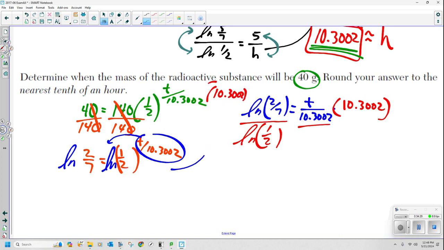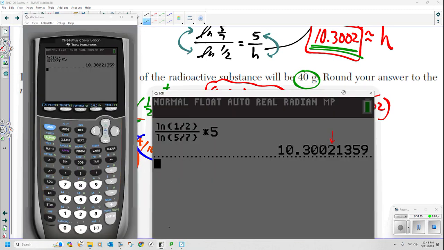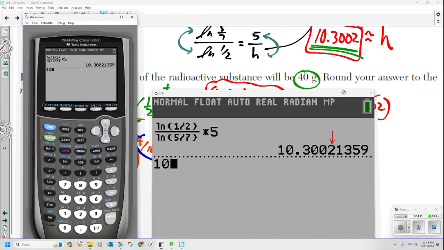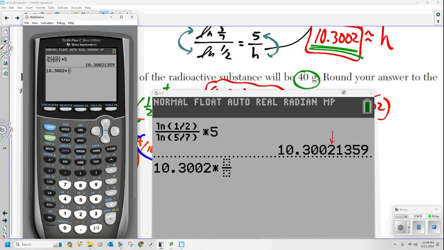So in my calculator, I'm just going to put this. This goes bye-bye. All right? So here we go. We're doing good, kids. 10.3002 times alpha y equals, enter, the ln of 2 divided by 7 over the ln of 1/2.